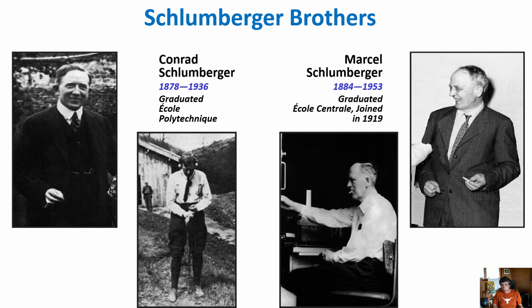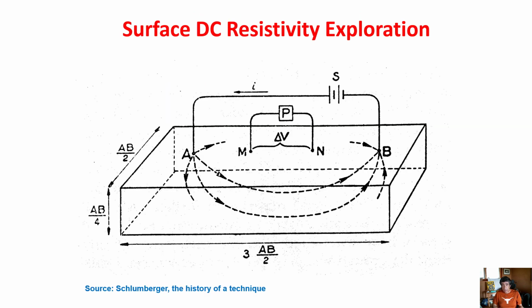Suffice it to say that for a very long time, the Schlumberger brothers were interested in doing surface measurements of electrical resistivity, because they knew that the electrical resistivity of the subsurface would tell them what kinds of materials it contained.